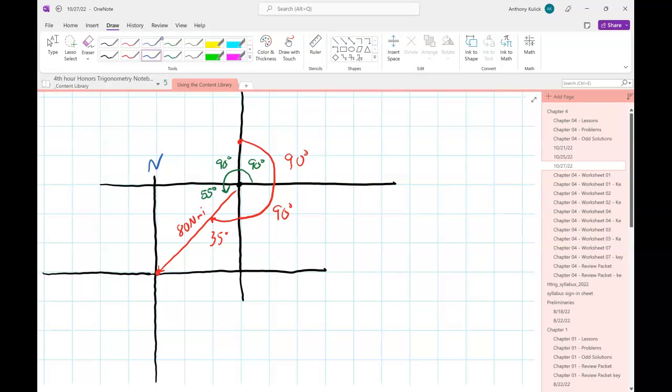Which quadrant does that put me in? Quadrant 4. So we're like starting here. We do 90 and then like 72 more. But again, I want to convert that to a standard position angle. So that's going to be 90, 90, 90, and then 18, so 288.